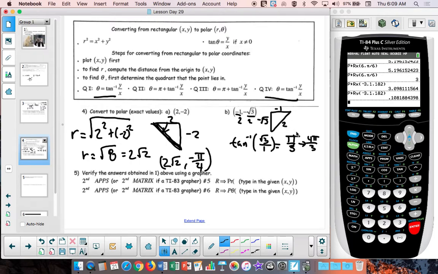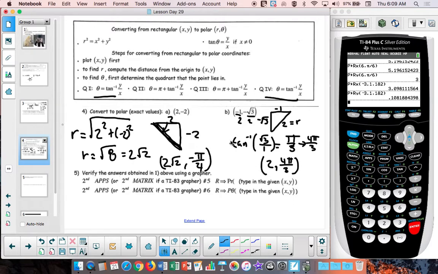Square root of that is 2. Our radius is 2. You could also just figure out how to scale this -1/2 to get to -1. You have to do that by multiplying by 2. But either way, 2 is r. So 2, 4 pi over 3.